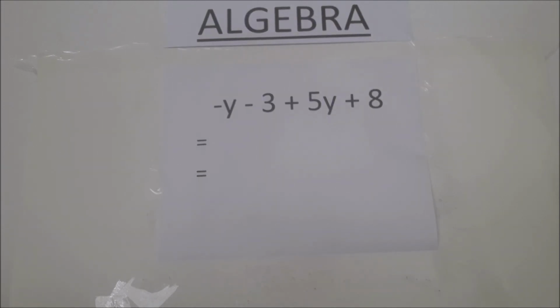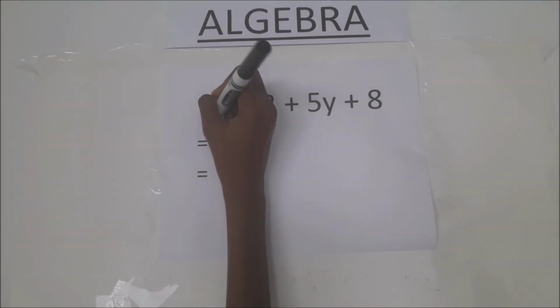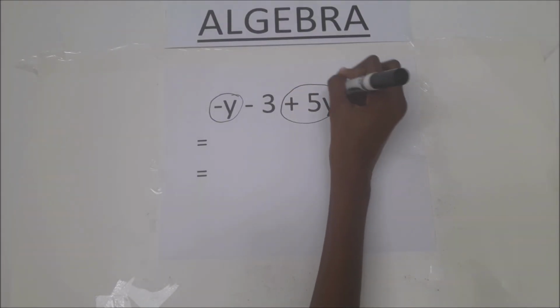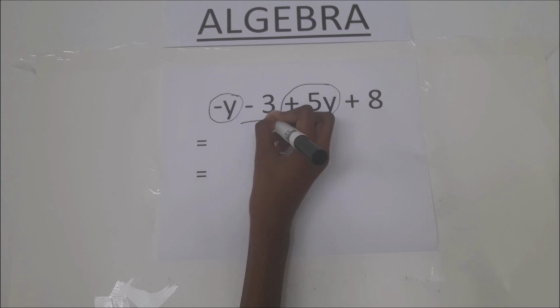Okay, final one. You work this on your own. Go ahead. Circle the y and underline the numbers.